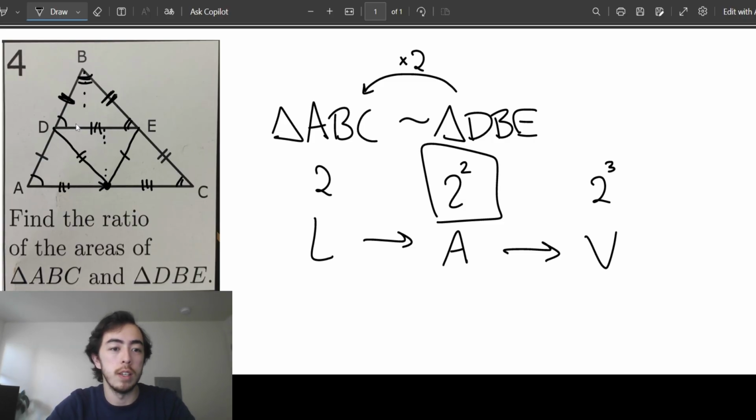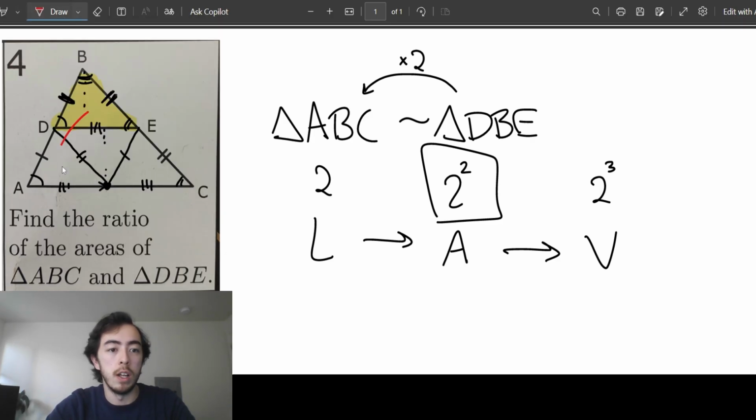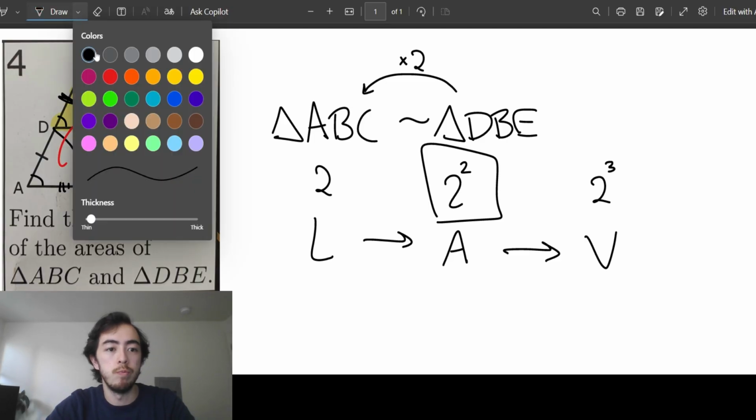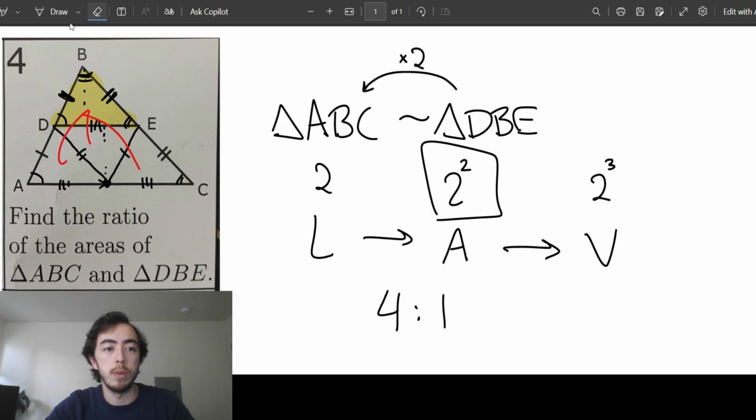And you can see here that we do need 4 of this top triangle of DBE to fill in all of the bigger triangle. So either way, thinking about it in terms of scale factors or in terms of symmetries with the shapes, it's pretty clear to see that we have a ratio of areas of 4 to 1 because we have 4 of the little guys in the big one.